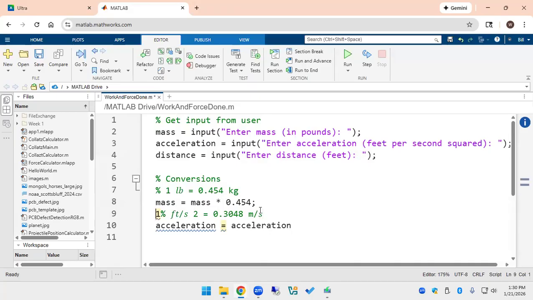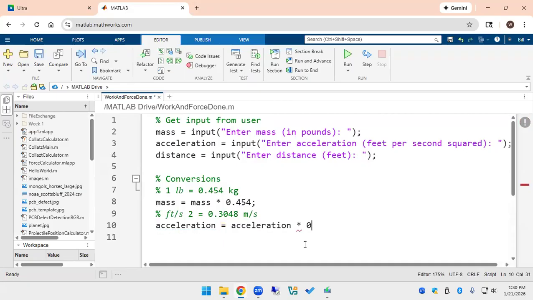Oh, I got extra numbers in there. There we go. So we do feet per second. We're converting it to meters per second. So my formula would be acceleration equals acceleration. That's my formula that I would use. I'm using parallel structures on this, so each one of these is going to be multiplication. We don't want to mix up methods of conversion because we want the conversion signature, meaning the shape of it, to be the same.